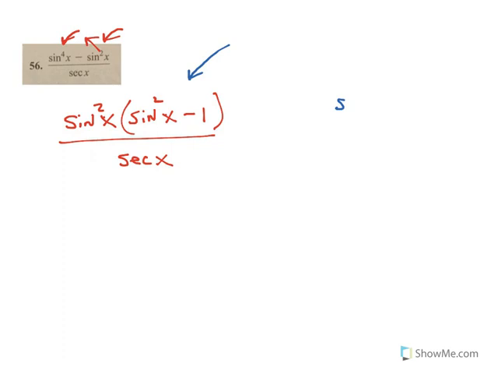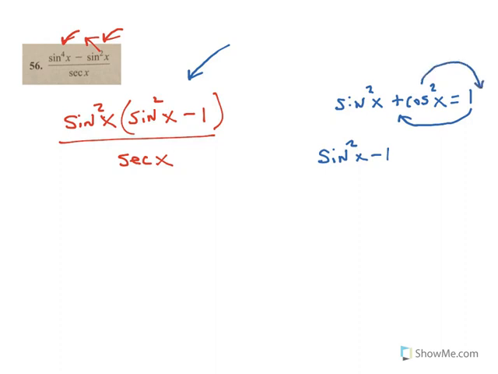So we know that sine squared plus cosine squared is 1. So if we brought the 1 over here with the sine, that's going to get us sine squared minus 1. And then we'll bring the cosine squared to the other side. So negative cosine squared. So this is telling us that sine squared minus 1 is identical to a negative cosine squared.